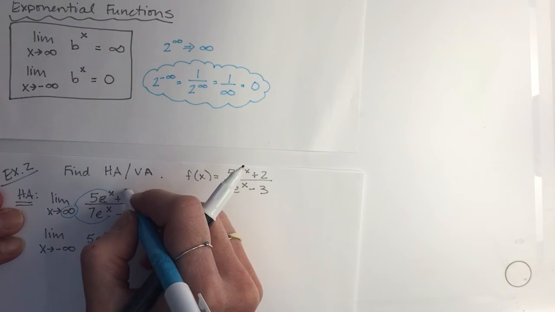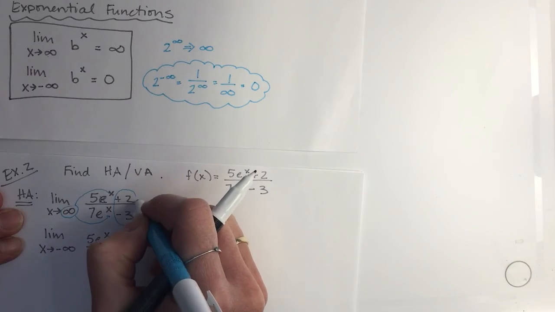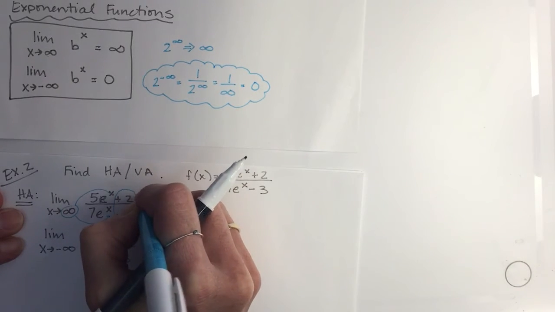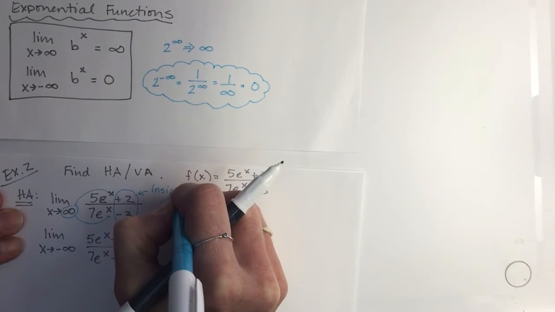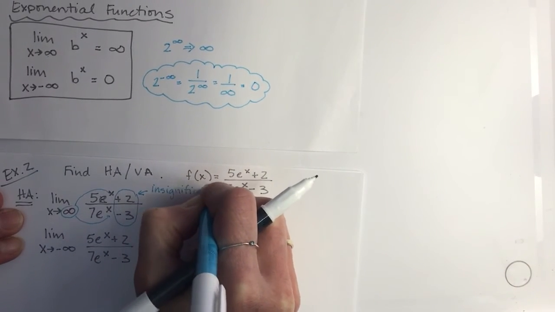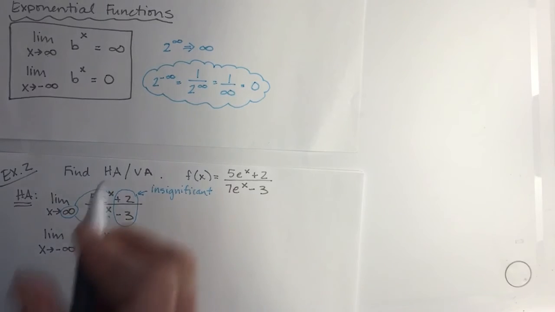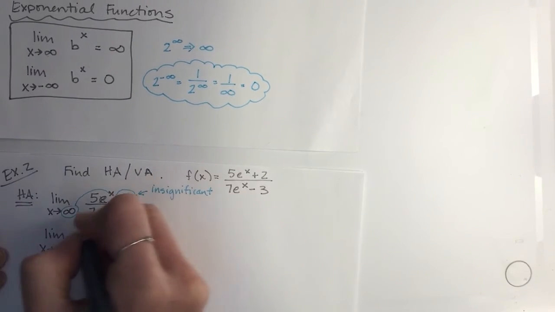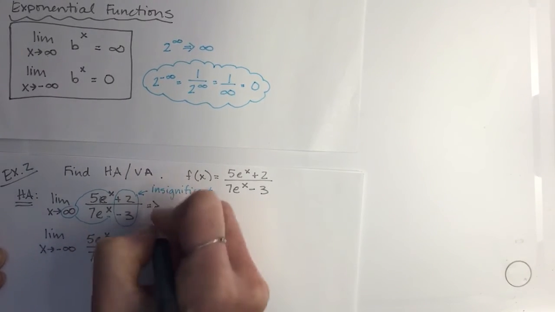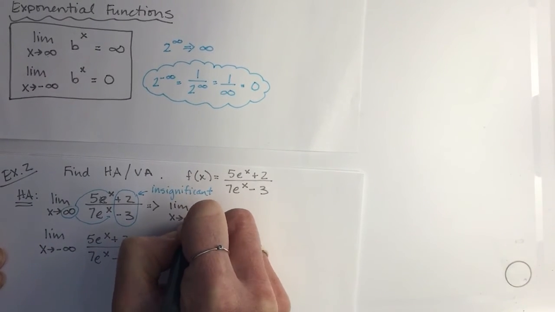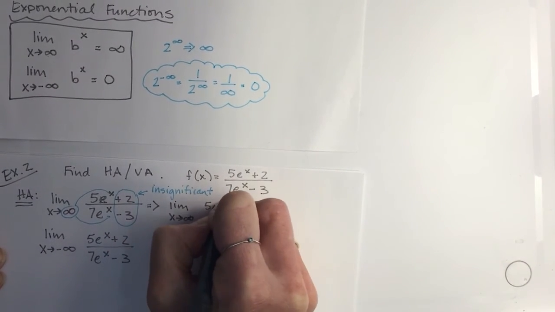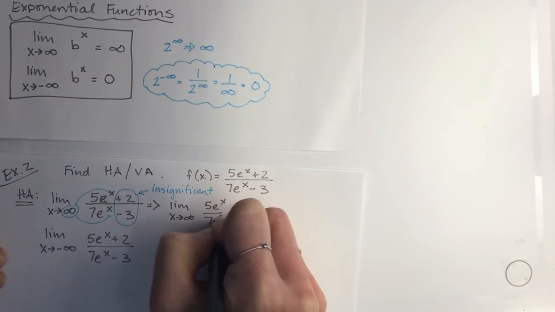So these numbers, when we're going to infinity, become insignificant. They're too small, they don't make a difference. So we can say this is the same thing as the limit as x goes to infinity of 5e to the x over 7e to the x.